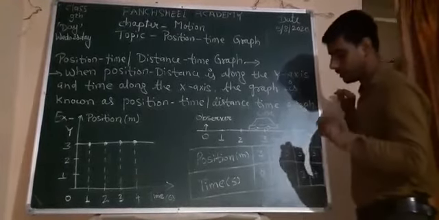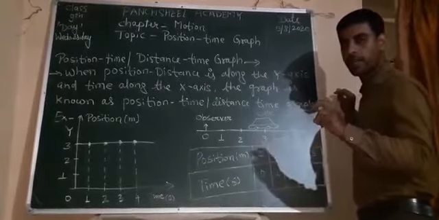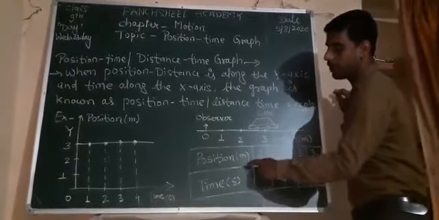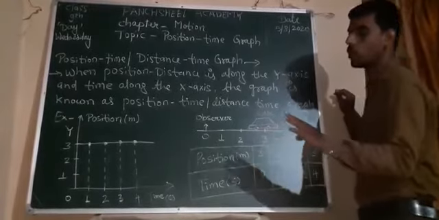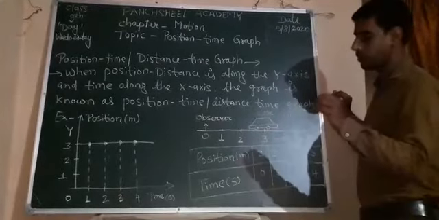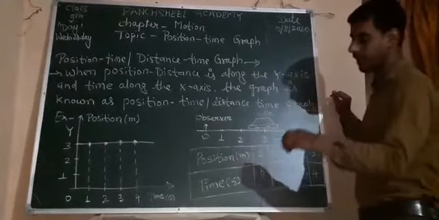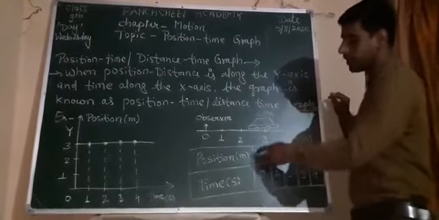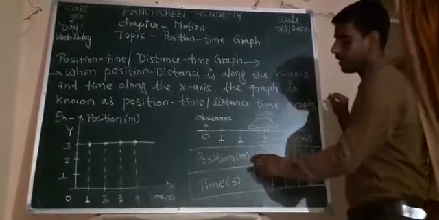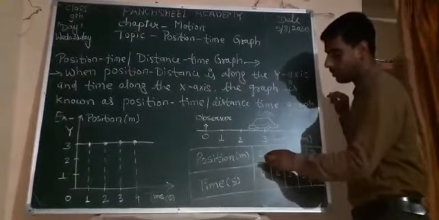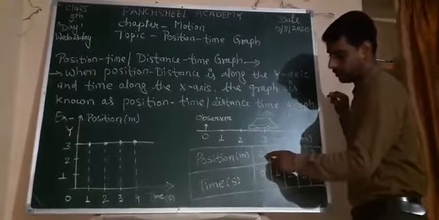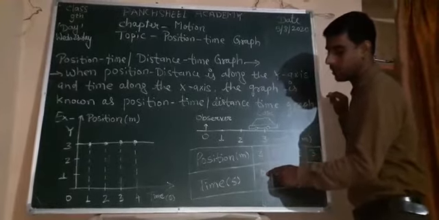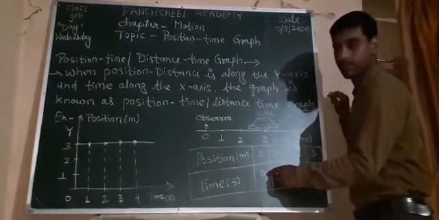So I take some numerical values of position and time, because there are two quantities, position along the y-axis and time along the x-axis. So I take position in meter and time in second. Position is 3 meter, and time is 0.